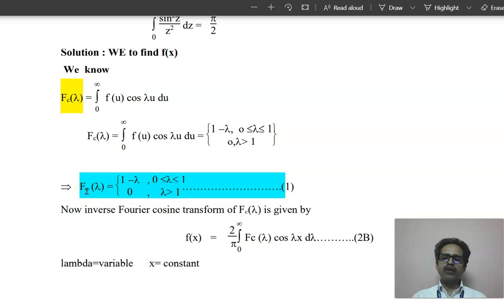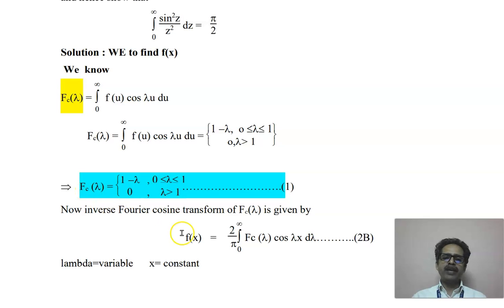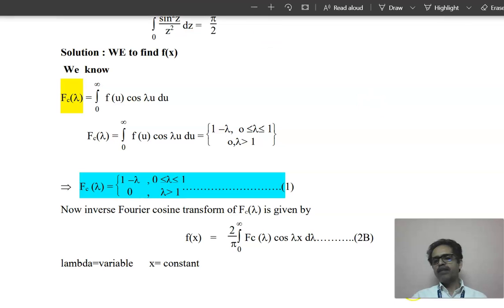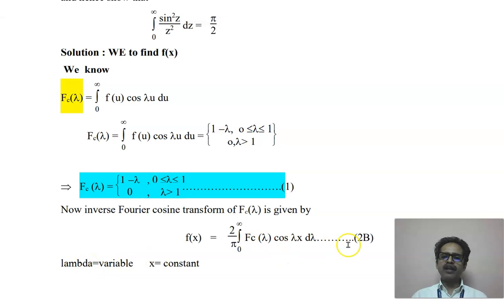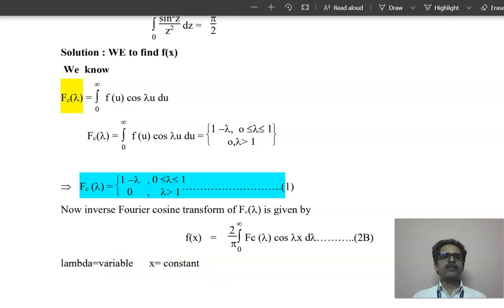Using this value of Fc lambda, we can get f of x by using equation 2a. And now as you can understand, here d lambda represents lambda as the variable of integration, and so for this integration x is a constant while lambda is a variable. This you have to understand.